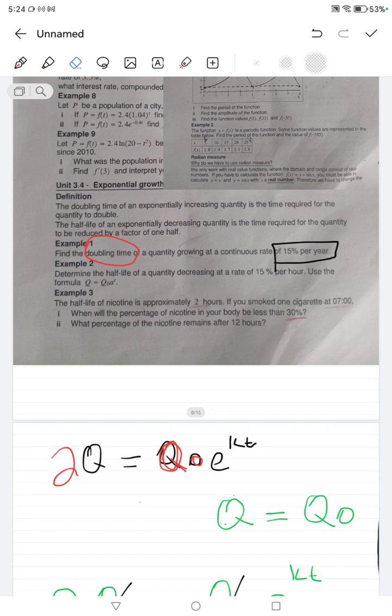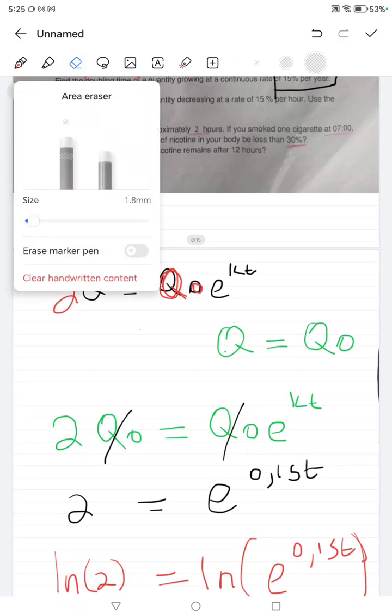Yeah, I was just now thinking Q... wait, does A work this side? No, it's supposed to be e. Okay, let me just erase this, then we can continue.